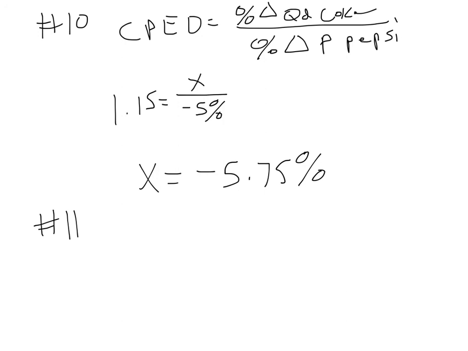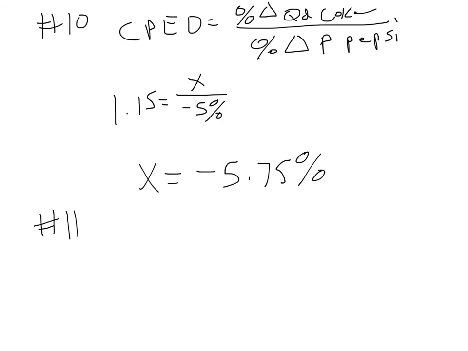Would you expect the income elasticity of a new car to be positive or negative? Okay. So this is looking at income, and so now we've got to make a decision. Are we looking at a normal good or an inferior good? Well, new cars tend to be normal goods. As we have more money, we buy more of them.